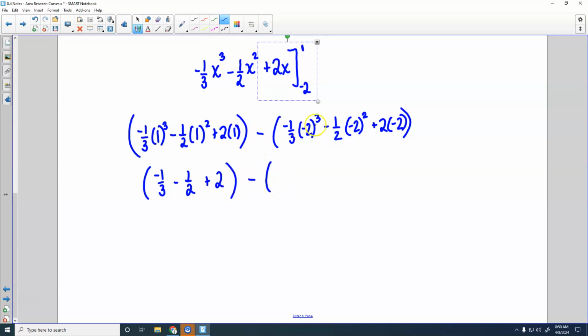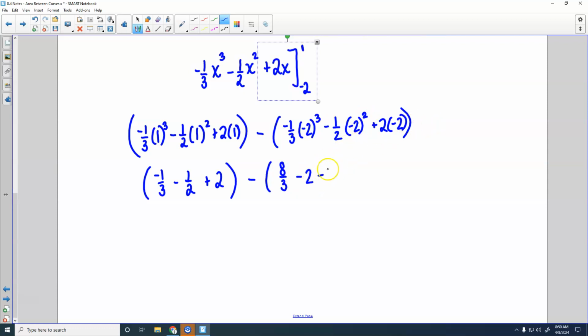And then over here, what is -2 to the third? -8. And we'll multiply that by negative 1/3. We will get a positive 8/3. What is -2 squared? Positive 4. Negative 1/2 times positive 4 is going to give us a -2.